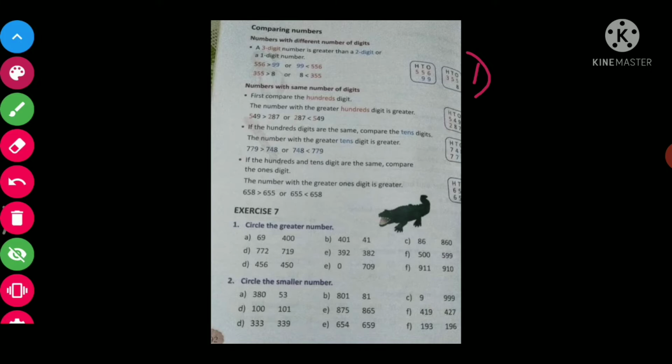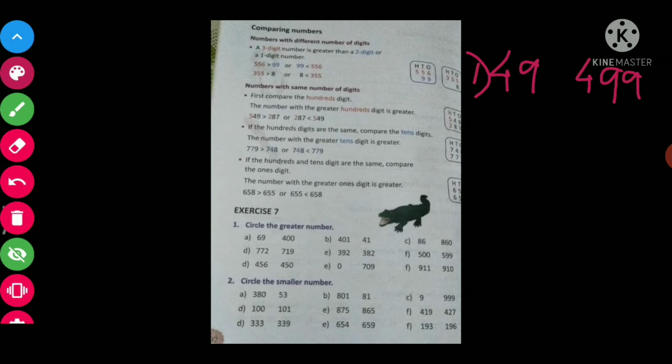Suppose one number having 2 digits and another number having 3 digits. The number having 3 digits will be the greater one and the number having 2 digits will be the smaller one. Suppose one number having 2 digits, say 49. As you can see, 4 and 9, 2 digits are there, right? And the other number is 499.